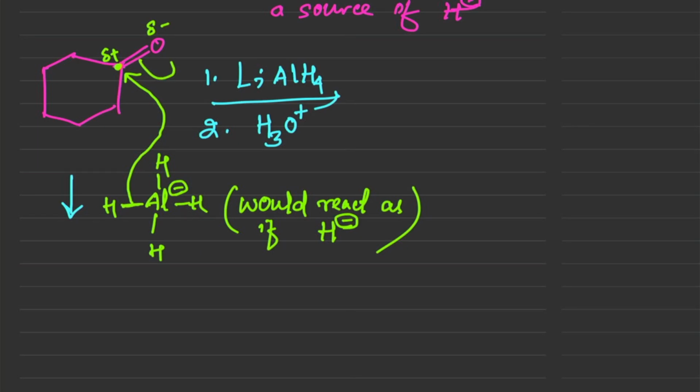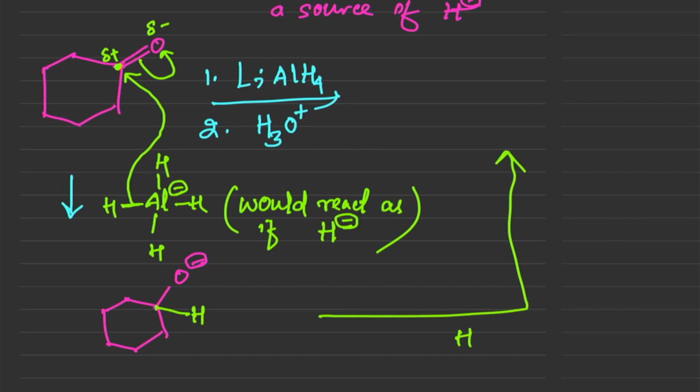So what would happen to the pi electrons? They would move towards the oxygen. So the intermediate that you will make is going to be O minus, and here you're going to have a hydrogen. The last thing we do is react with H3O plus. That's basically neutralizing the negative charge on the oxygen.